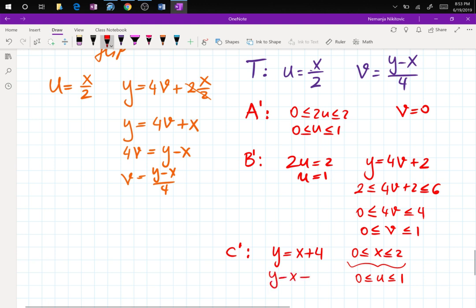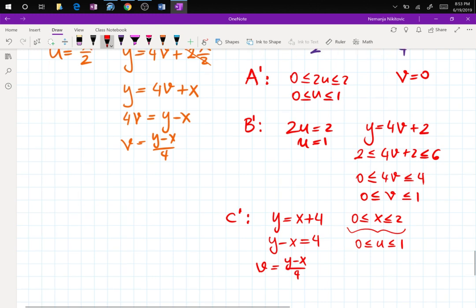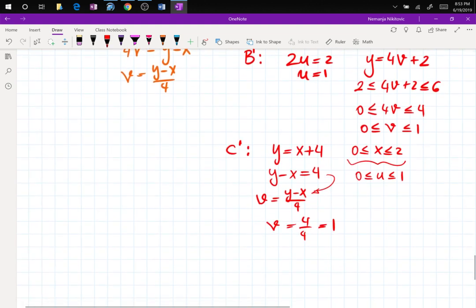Y minus x is equal to 4, and you have the transformation v equals y minus x over 4. So when you replace y minus x with 4, you get that v is equal to 4 over 4, and you get 1. Great.